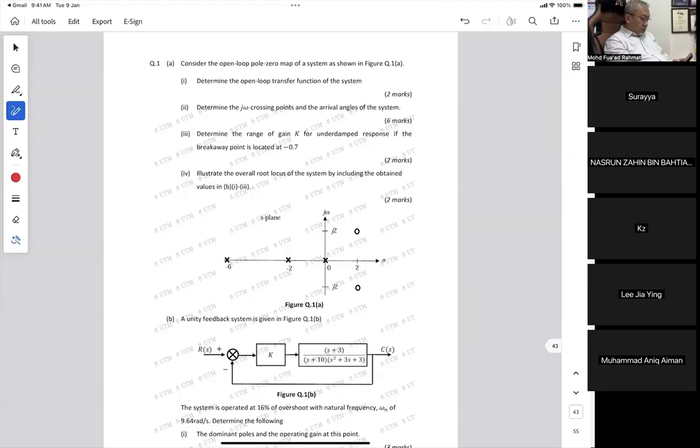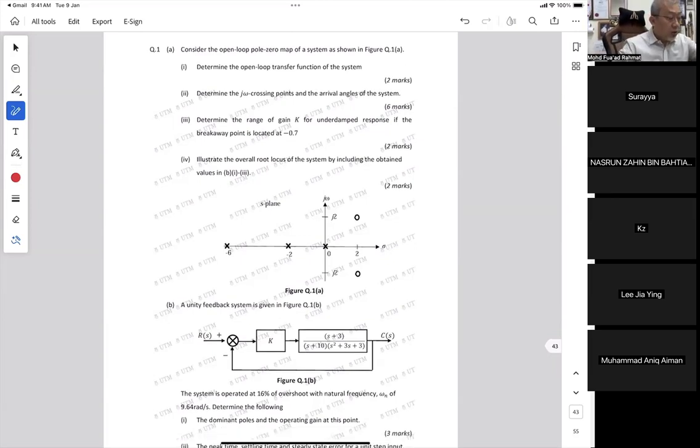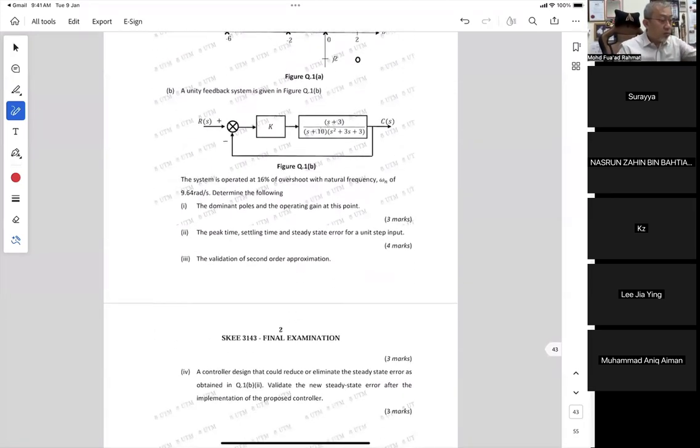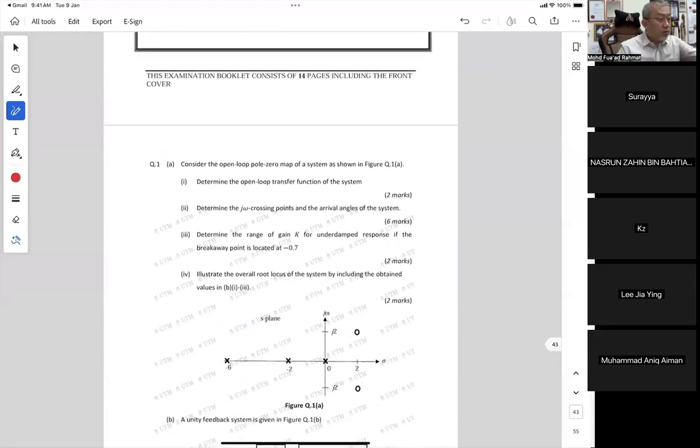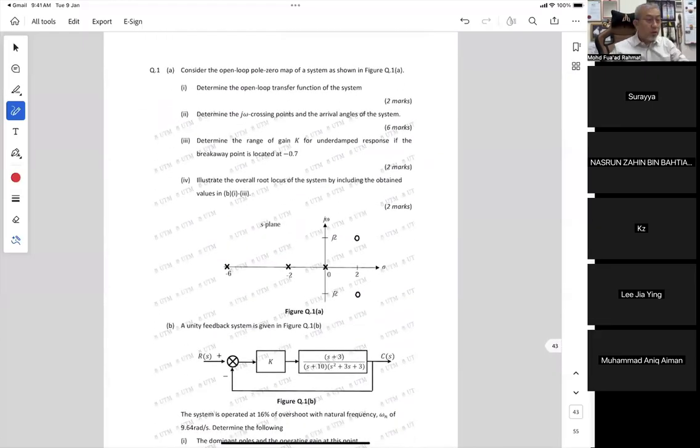Okay, thank you. Right. So, question 1A. You are given figure Q1A, no transfer function. So, you are required to determine the open loop transfer function.